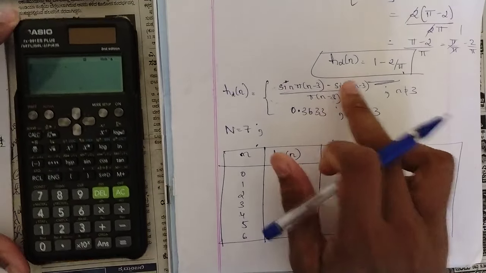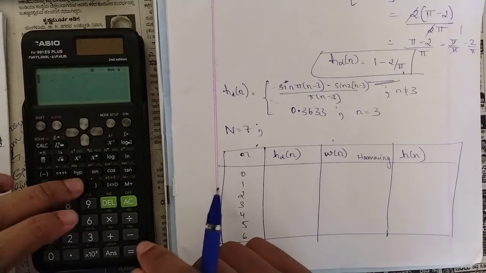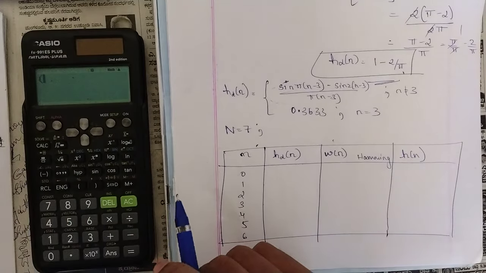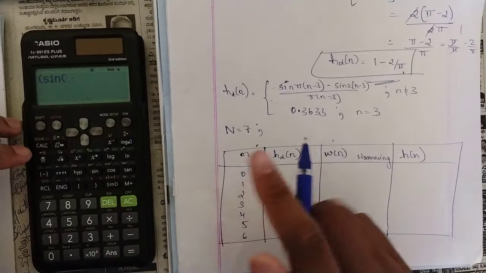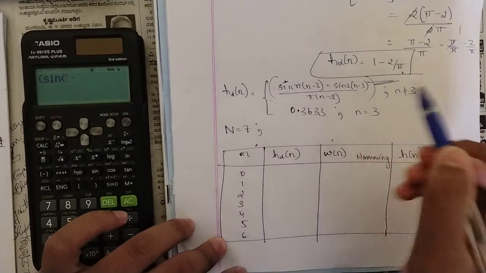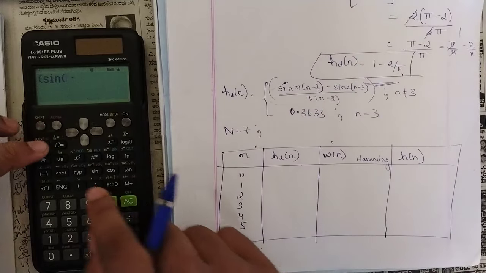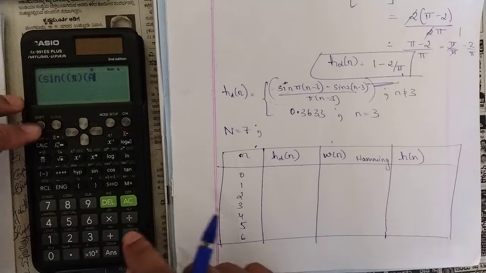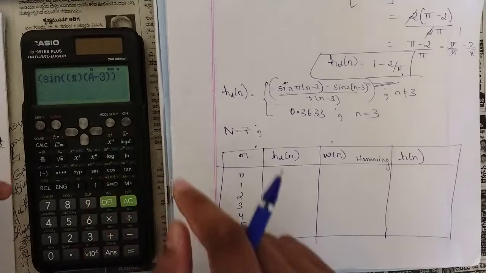That is this equation. See the equation very carefully. First put the outer bracket. Then write sine. Since we have this whole term in one bracket, right? So sine of, again, π and n minus 3. Again open a bracket and write π. Close the bracket. Open a minus 3. Now close for this bracket here.